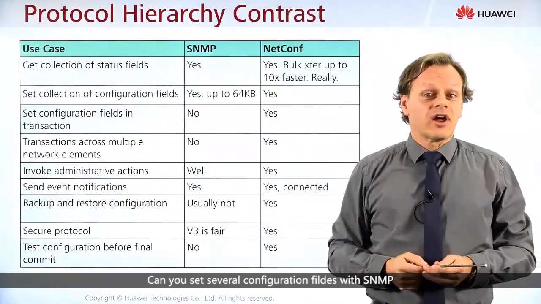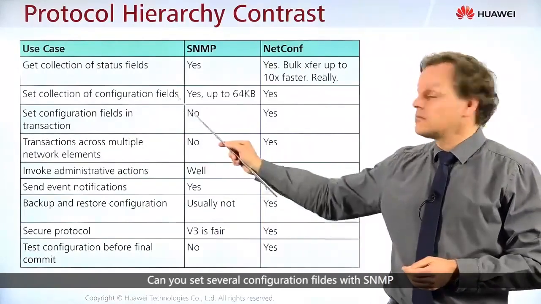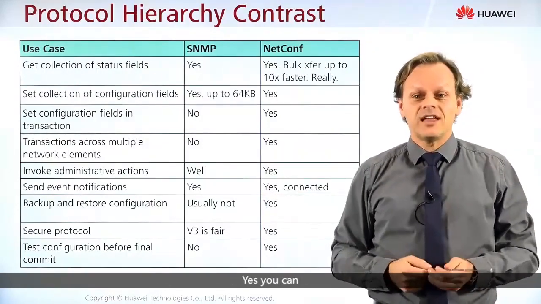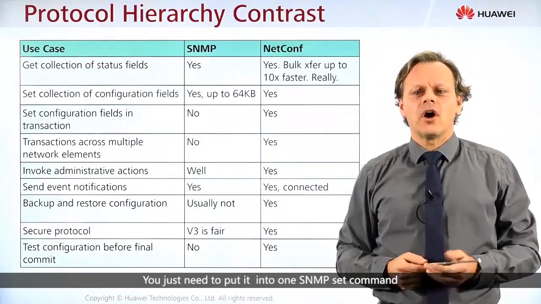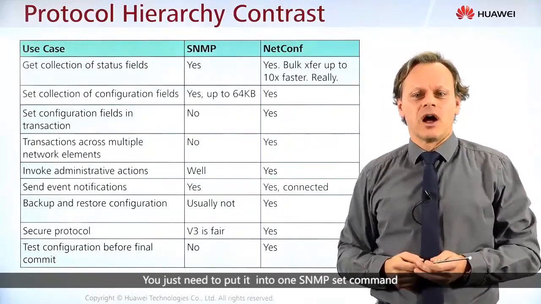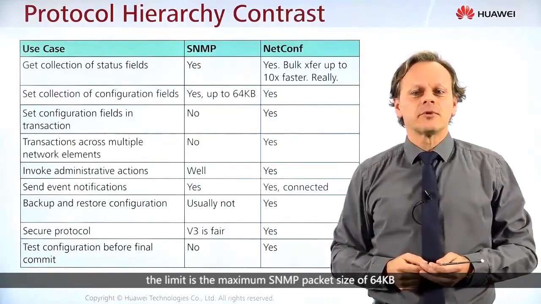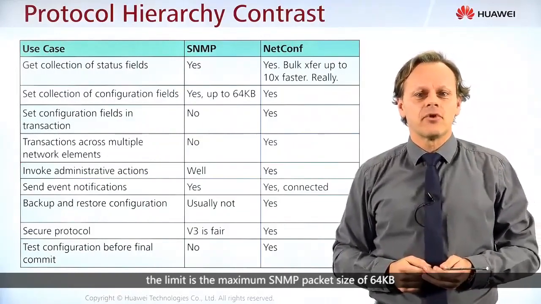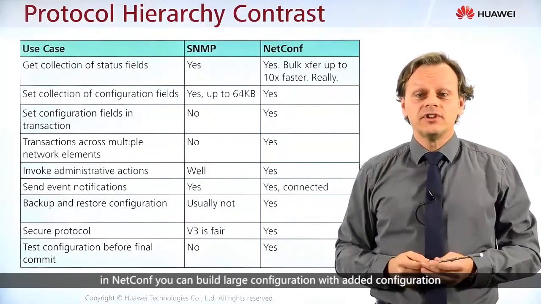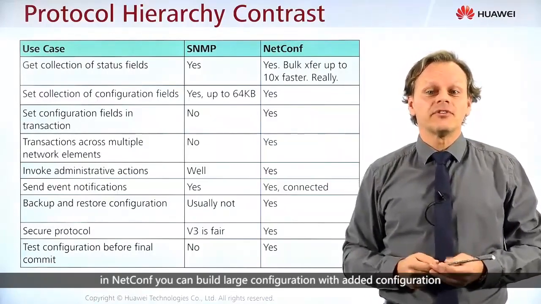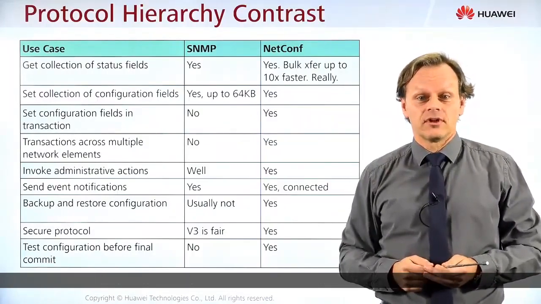Can you set several configuration fields with SNMP? Yes, you can. You just need to put it into one SNMP set command. The limit here is the maximum SNMP packet size of 64K. In Netconf, you can build large configurations with edit-config.